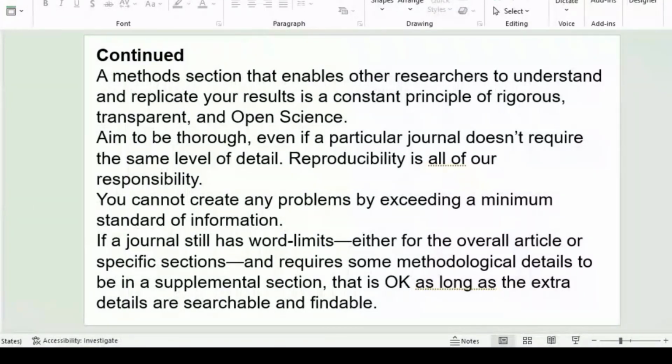Now, if you are given a word limit, be careful on that. You've got to report within that. When you write an article, you just have to do that. When it's a research article, you also know that it must be up to this number, and requires some methodological details to be in a supplemental section.